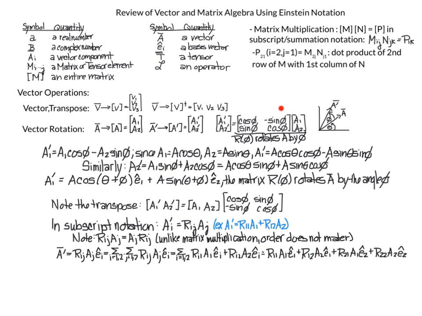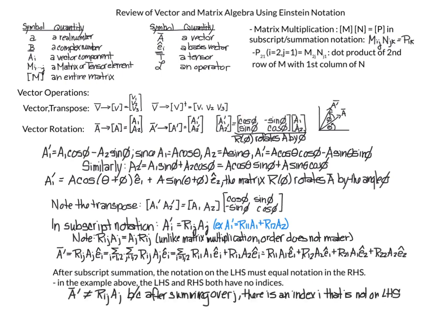So R12 is our minus sine of phi times A2. So that's this term here. You can see that our expansion agrees with when we did our matrix multiplication like we used to do in vector calc.